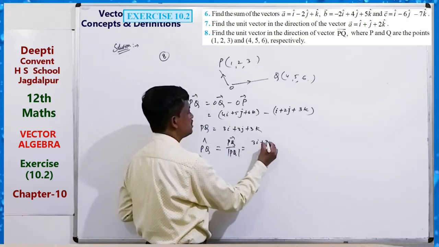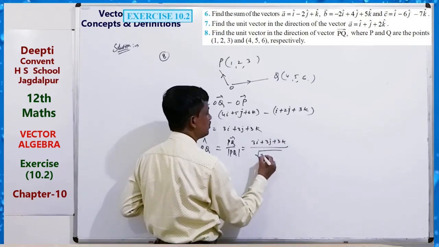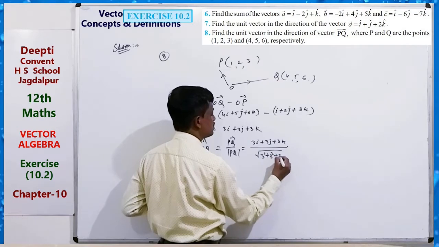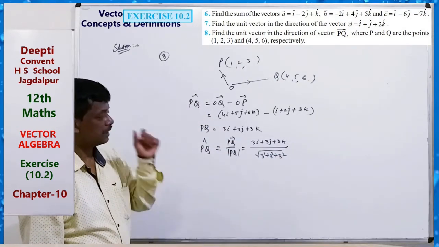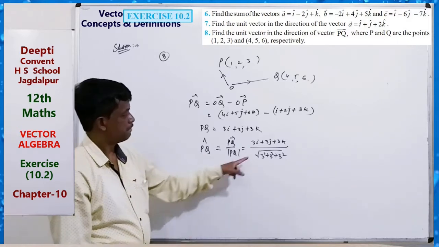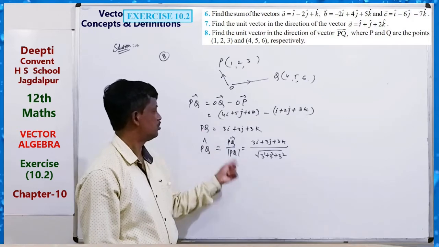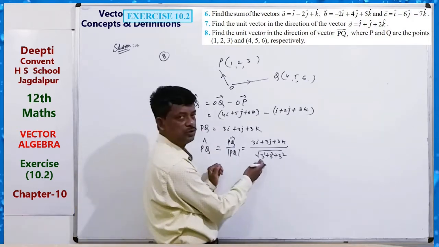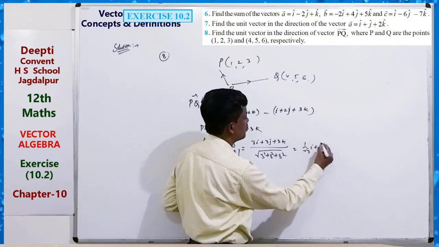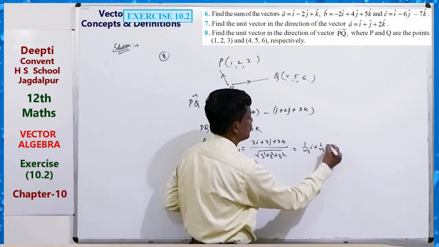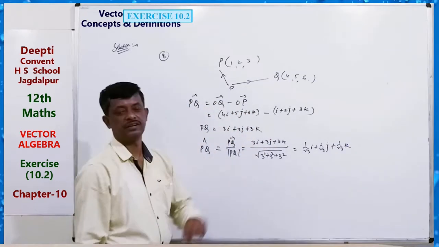So 3i plus 3j plus 3k divided by root of 3 square plus 3 square plus 3 square. The mod of this is 3 root 3. 3 and 3 cancel. So 1 upon root 3 i plus 1 upon root 3 j plus 1 upon root 3 k. This is the unit vector.